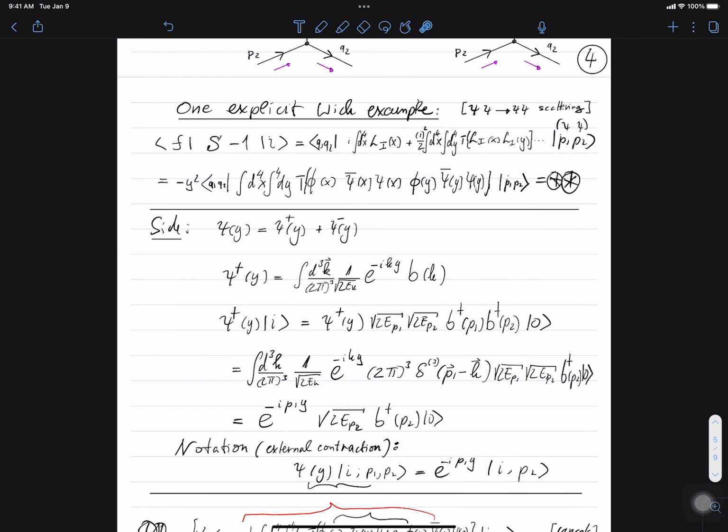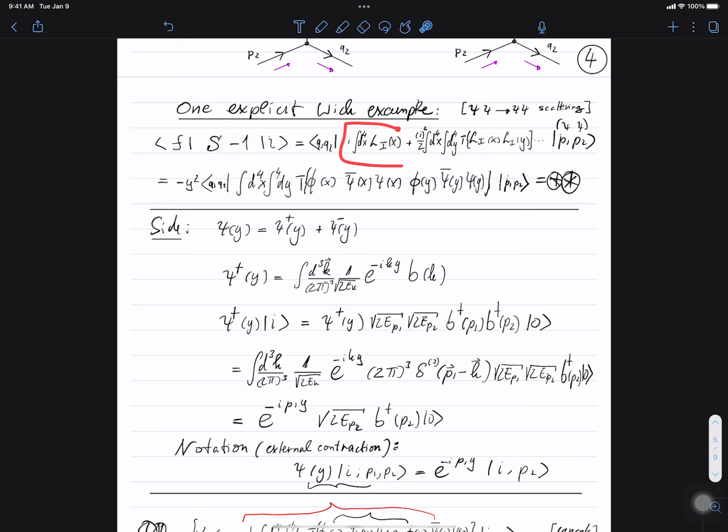Now, let's have an explicit example of how to connect this to the Wick theorem. Let's say the amplitude for psi to psi scattering can be written down explicitly at second order in the expansion of the S matrix in the exponential description. We expand. The first term is 1, so it just gets cancelled by this minus 1.